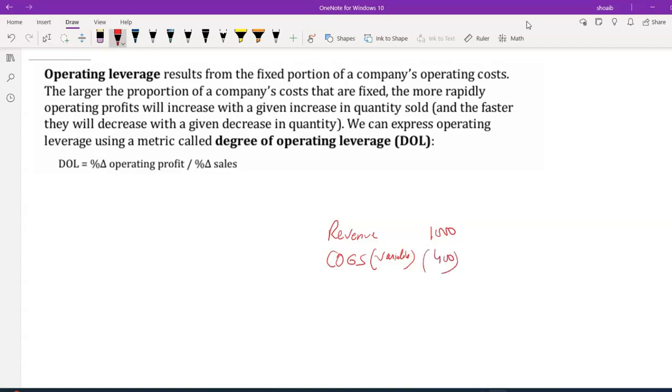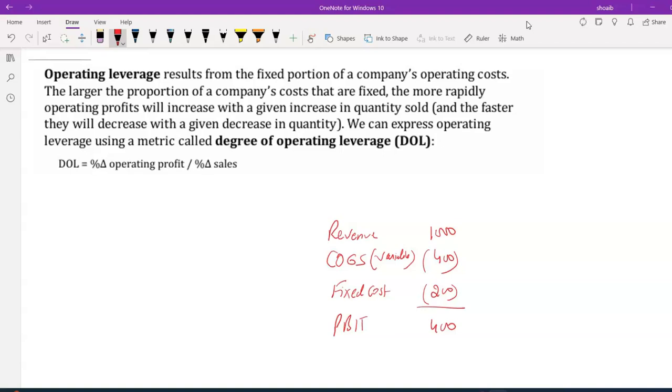400. Okay. Then there is a fixed cost. For example, that is 200. Then there is operating profit, and that is 400. Let's forget about interest expense, tax expense, and the other expense.